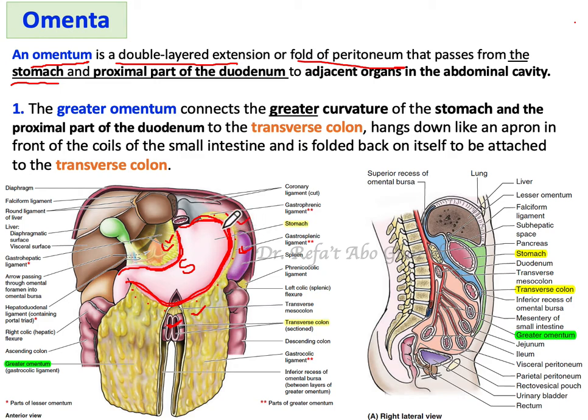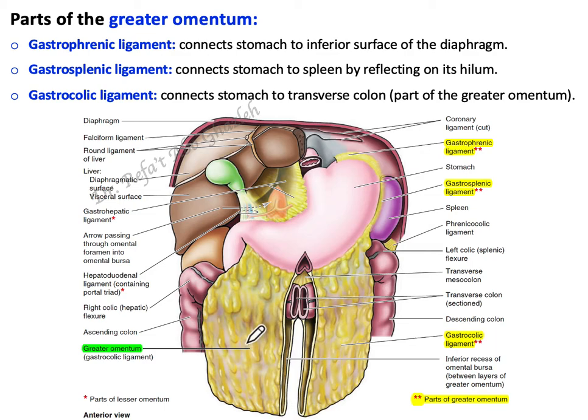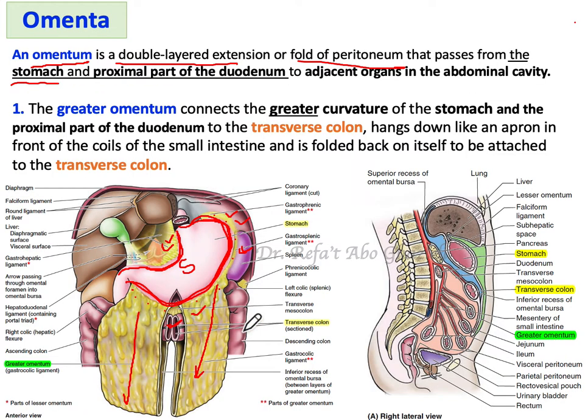And indeed, the greater omentum is extended peritoneum that, look here, goes all the way down from the greater curvature. It's like an apron that hangs down, and it folds on itself and is reflected back, as you see.